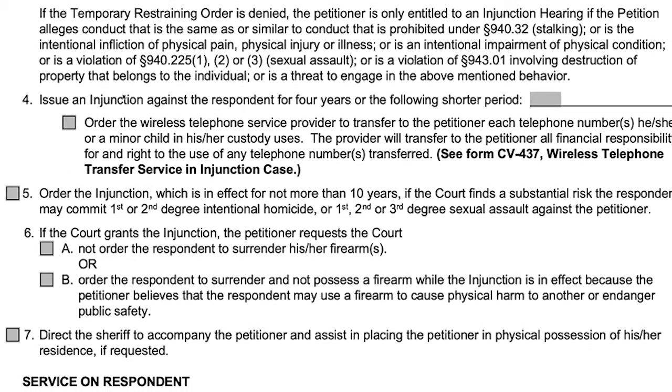Here's a section that had to be put into the form when everybody started getting cell phones. If the parties have a child together and the account is in, we'll say, father's name, and that includes mom's cell phone and 12-year-old child's cell phone, this is in order to transfer it over so that they can continue to have cell phones.